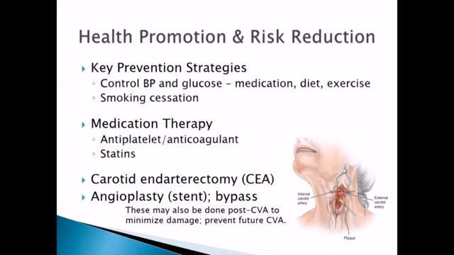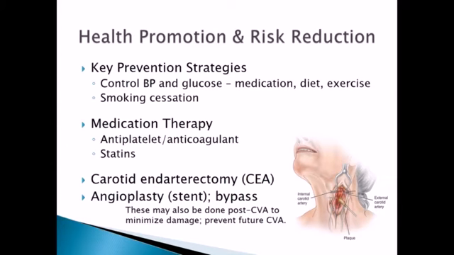The other thing that they can do is an angioplasty. Similar to a cardiac catheterization, they go in either through the groin or one of the arteries in the arm, thread that up to the carotid artery, and use an angioplasty balloon to try to open up and kind of smash the plaque against the wall, and then possibly even put a stent in there to keep that open.